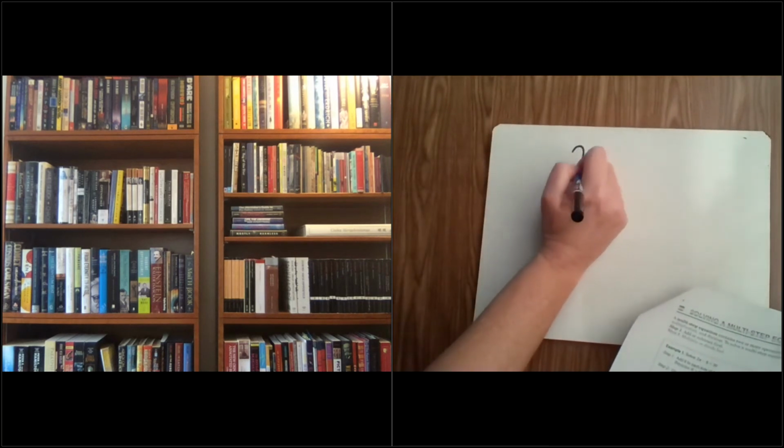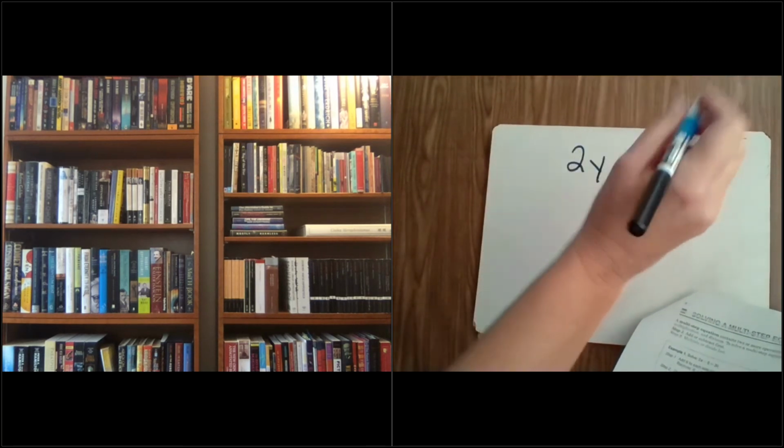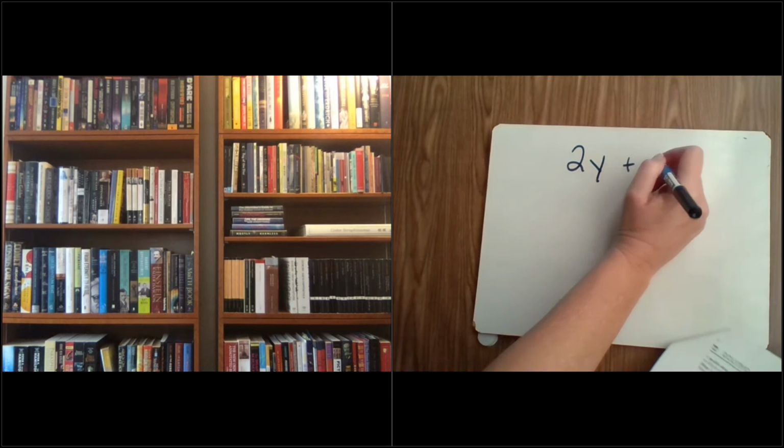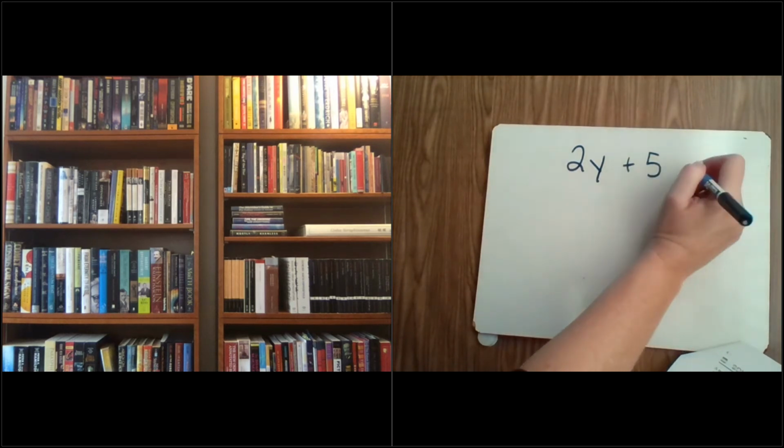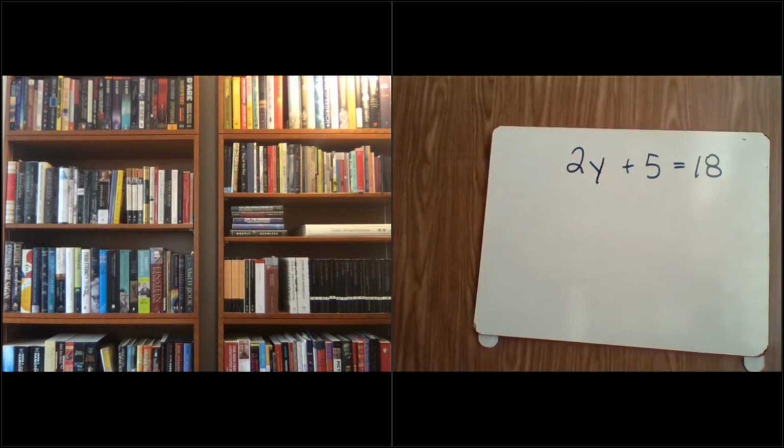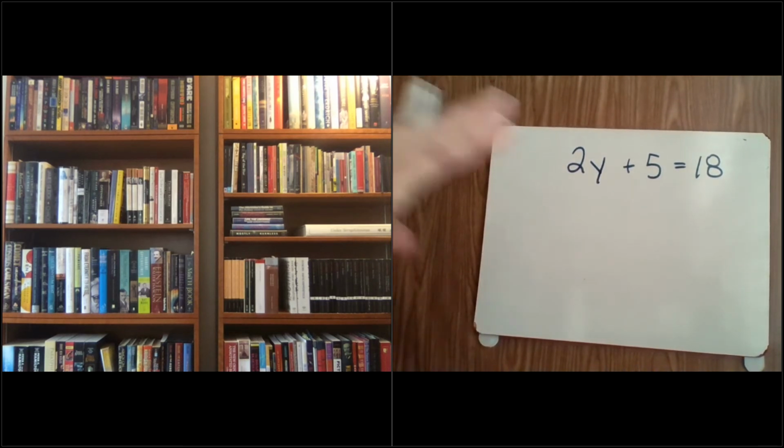A more complex equation might look something like this. 2y plus 5 equals 18. This is page 4 from the second packet, and I'm looking at problem number 1. They gave us the more complex equation, and we're supposed to be solving, but they don't actually want us to solve it yet.